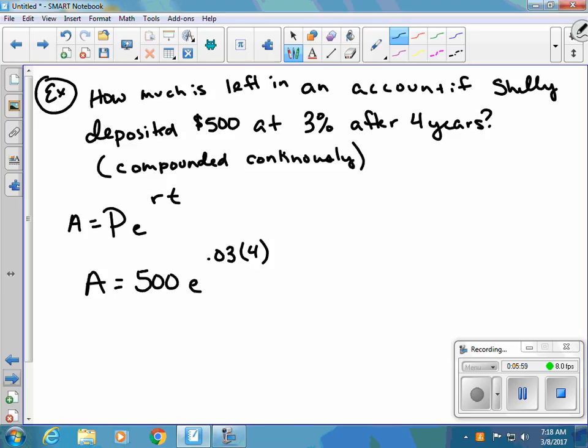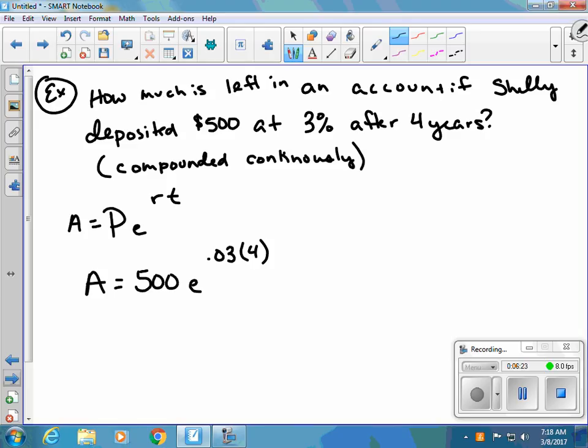Now, some of you might be wondering, where is the E button? On most calculators, it is in the bottom left side, somewhere within that little corner. Some of you might have to do a shift to get your E. Some of you might not.